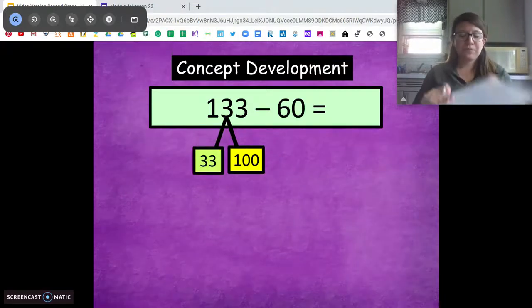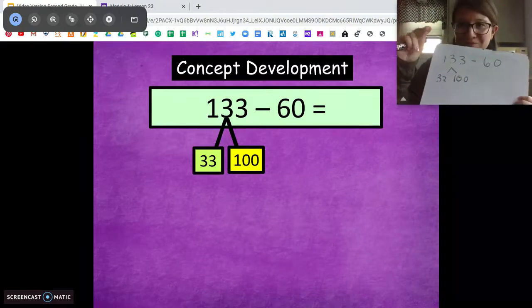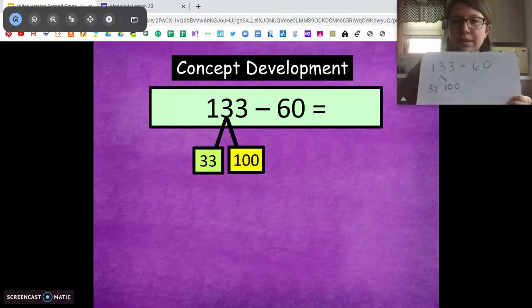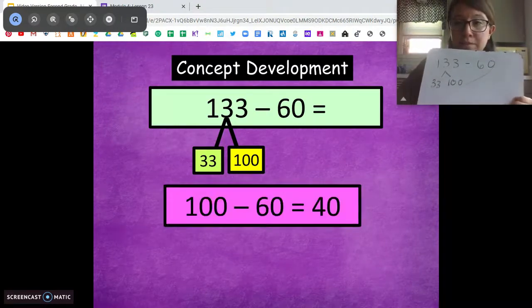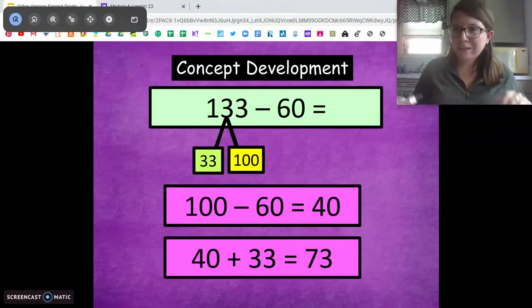Good. Now, when we look at this, can we subtract 60 from 33? Nope. So we're going to subtract 100 minus 60, and we get 40. Okay, so write that number sentence. And then from there, what do we have to do? Yes, just add in our extra ones. 40 plus 33 equals 73.